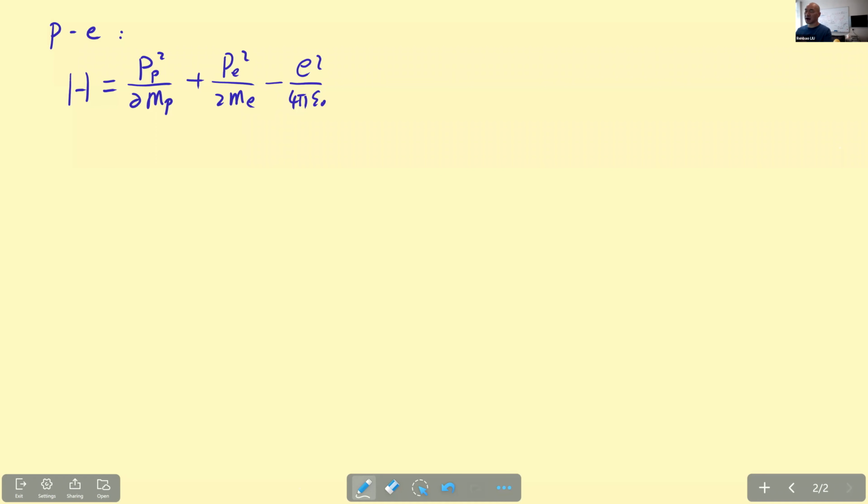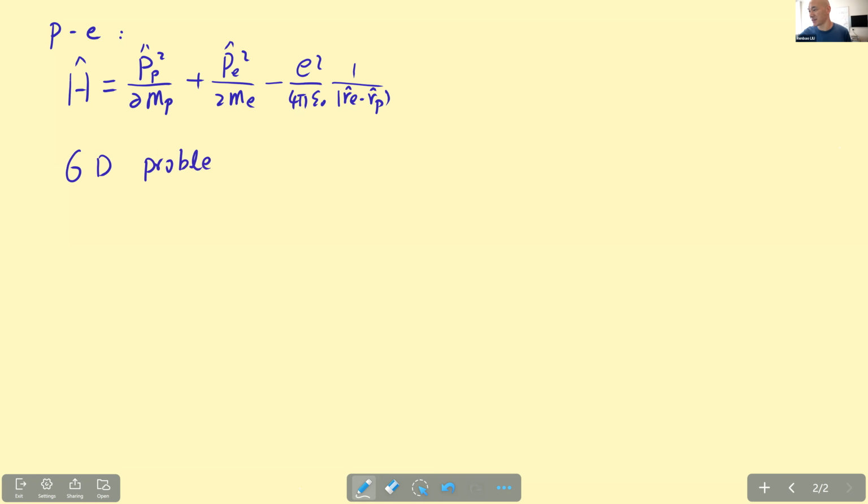So this is the Hamiltonian between the electron and the proton. Okay. And if we change this to quantum mechanics, what we need to do is to make these operators. But now this is a 6-dimensional problem, right?